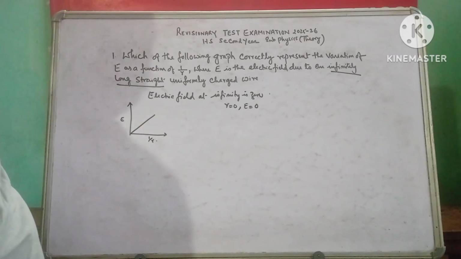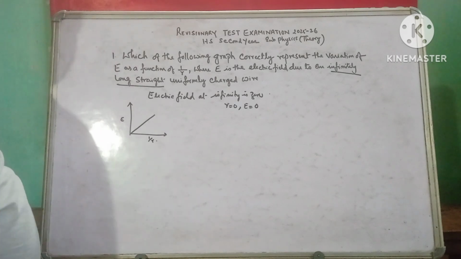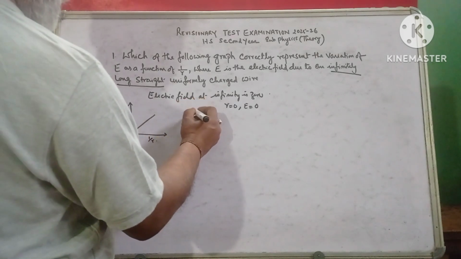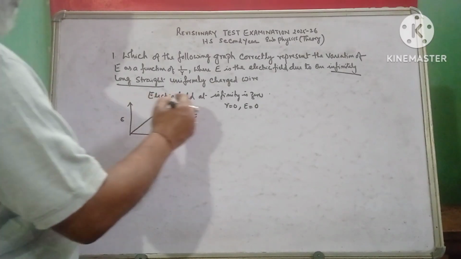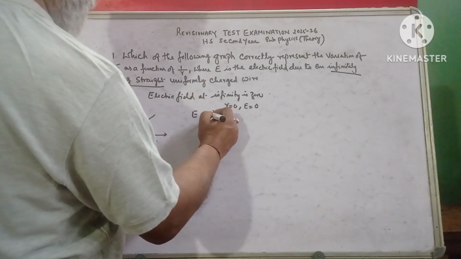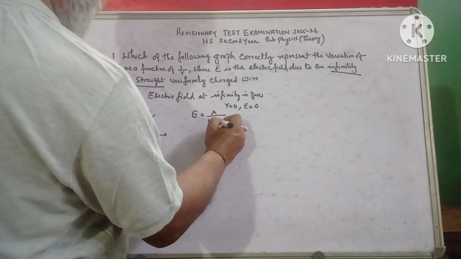And if we go mathematically, we know that the electric field for an infinitely long straight wire is equal to lambda by 4 pi epsilon naught r.